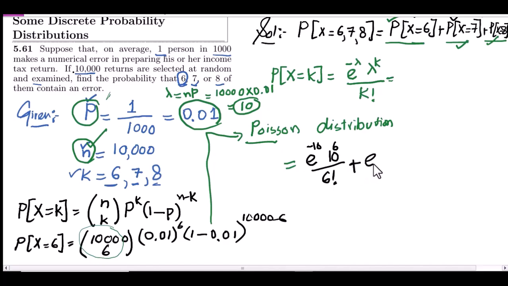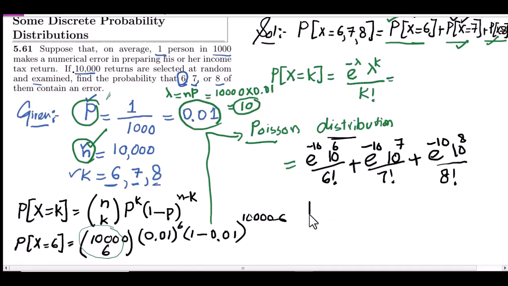Similarly, plus exponential of minus 10, 10 raised to power 7, divided by 7 factorial, plus exponential of minus 10, 10 raised to power 8, divided by 8 factorial. From it we will get the answer by following the approximation and the formulas. So this is the second method. The first method was the binomial distribution, which has been approximated into the Poisson distribution.